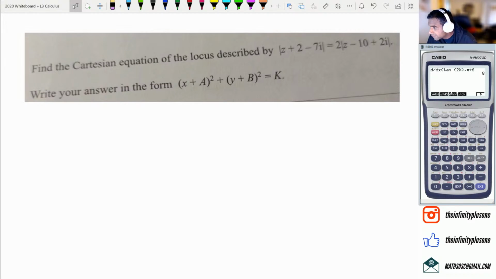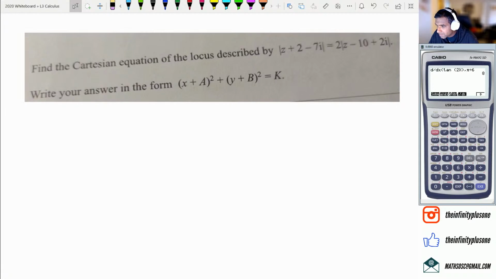In saying that, let's actually get through this particular question here. This one was a locus question. I can't remember where this question actually came from. Is this from 2018 algebra? Really, guys? Have I done this one as well? Surprising that you guys actually remember these questions.